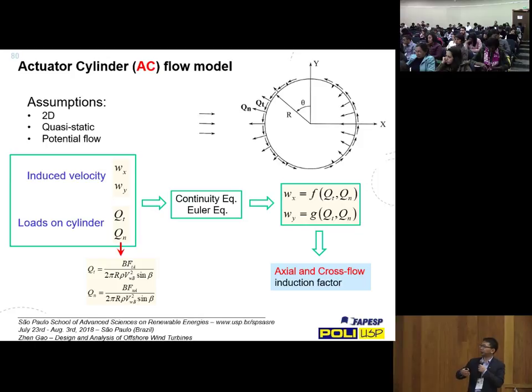And then you also do the integration along this one from 0 to 360 degrees of rotation to get both axial and cross-flow loads. I will not go into details, but I have the reference to two of the PhD theses, and then you can look at them in detail.